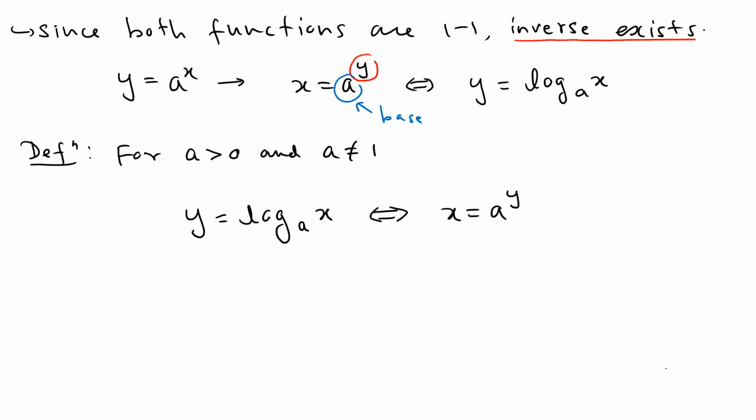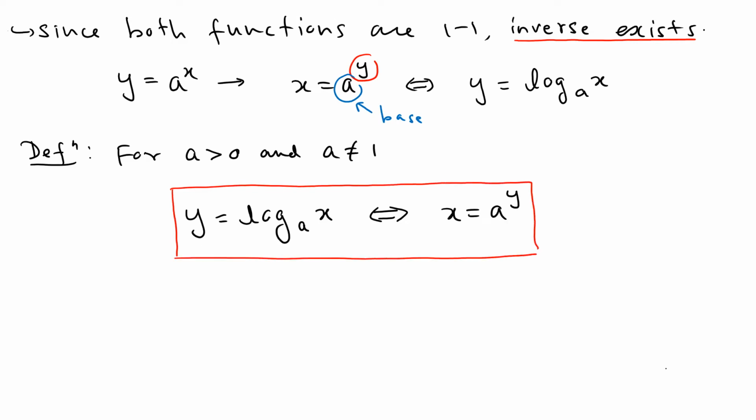So whenever you have x equal a to the y, we write this as y equal log_a x. So this is the definition of the logarithm. And the assumption is that a is positive and a is not equal to 1.